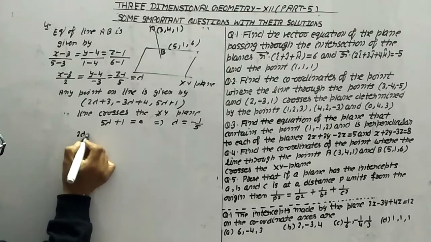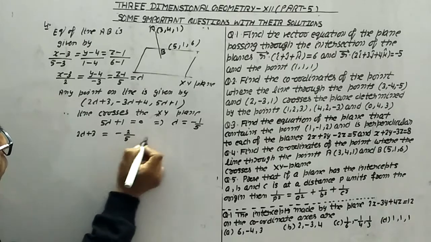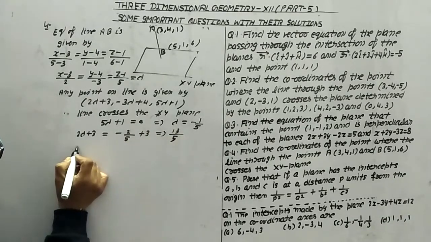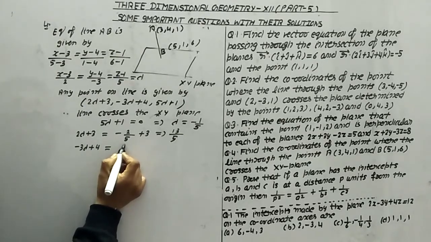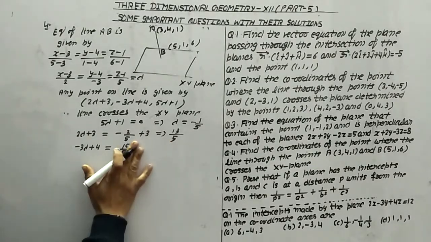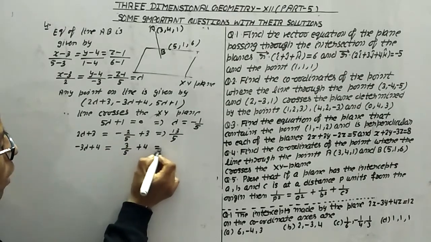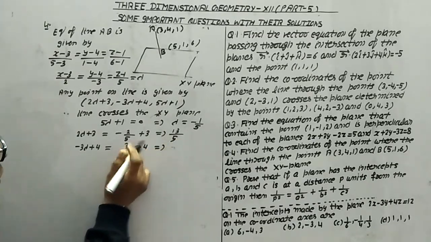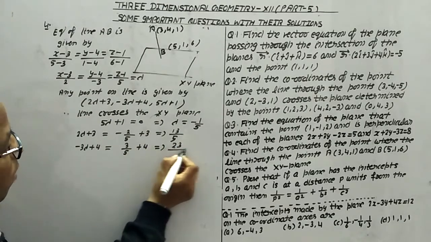Therefore we have 2 lambda plus 3 is equal to minus 2 upon 5 plus 3. It means this becomes 13 upon 5. Then the next coordinate is minus 3 lambda plus 4, which is 3 upon 5 plus 4, that is 3 upon 5 plus 20 upon 5, so this becomes 23 upon 5.